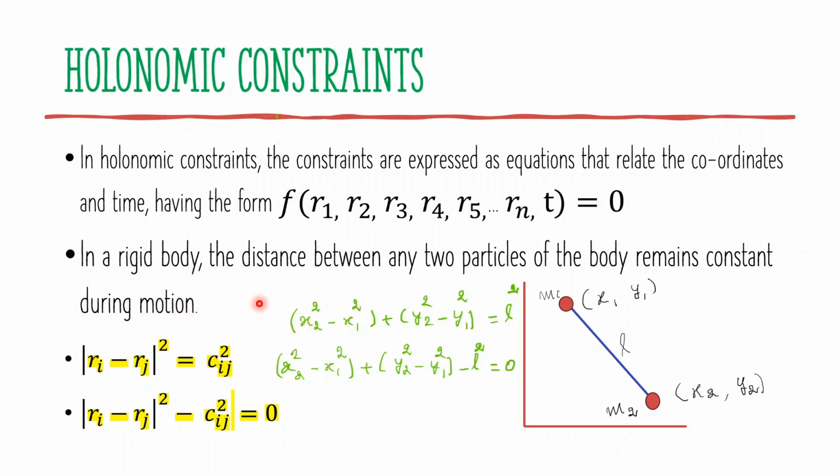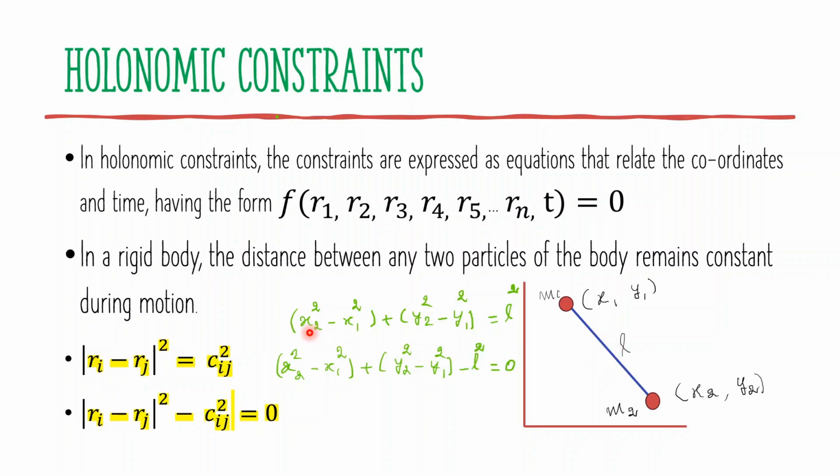To understand more about this, examine the movement of a dumbbell situated in the xy plane. The masses m1 and m2 are connected by a rod of length L. Despite the motion of the dumbbell, the length of the rod remains constant.